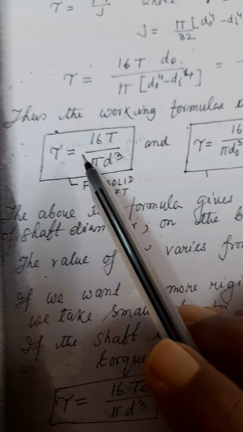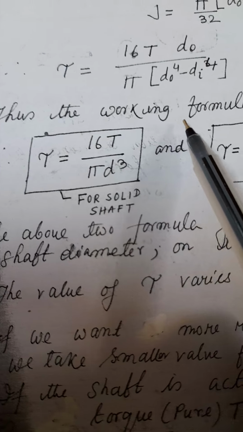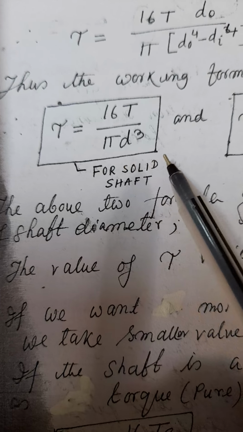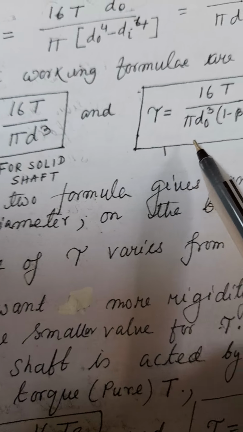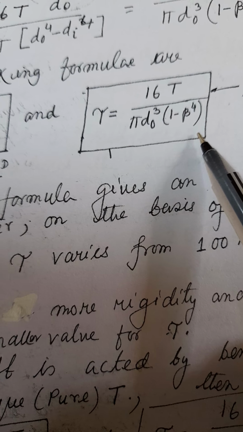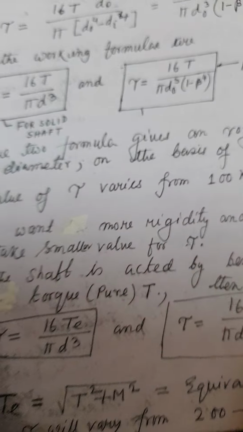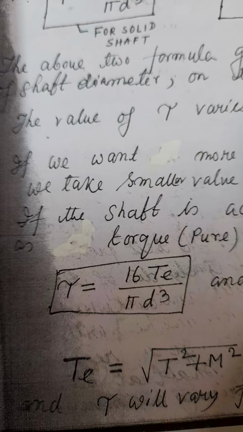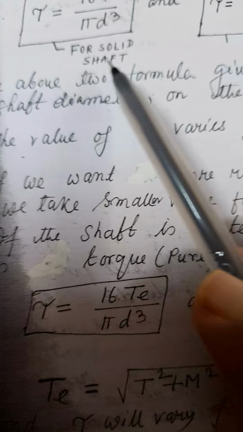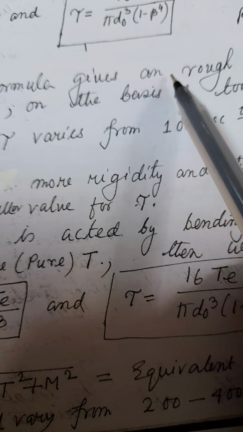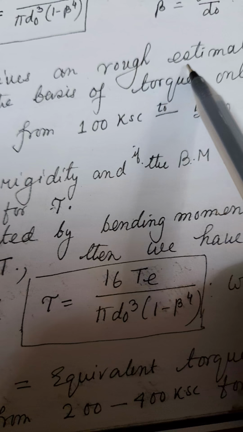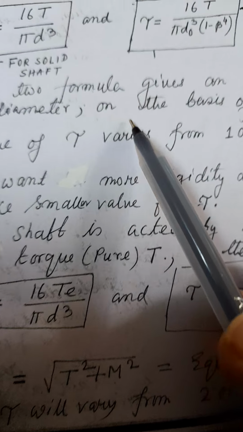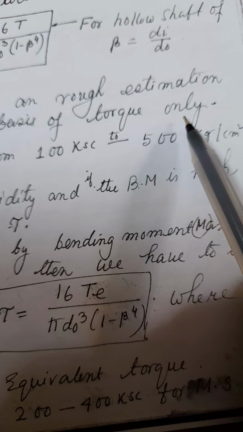Thus the working formulae are: this is for solid shaft and this is for the hollow shaft. Now the above two formulae give a rough estimation of shaft diameter on the basis of torque only.